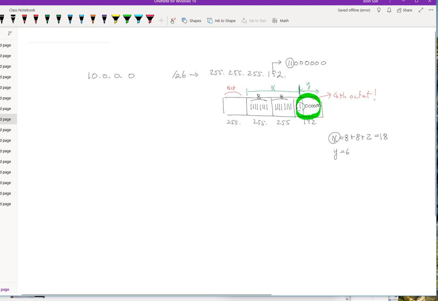From this we can find the number of subnets, which is 2 to the X, and from this we can find the usable host IP addresses per subnet, which is 2 to the 6 minus 2, which is 62.